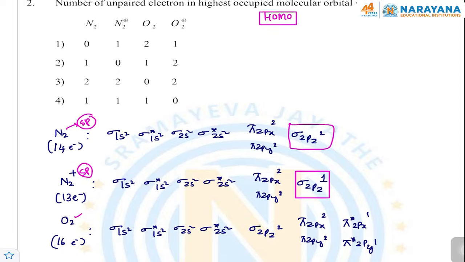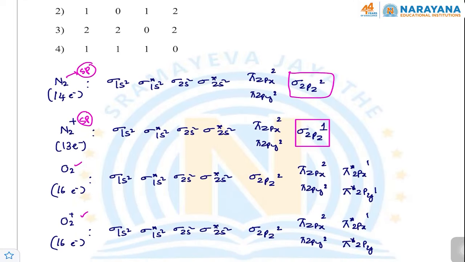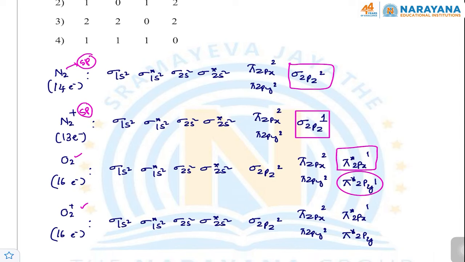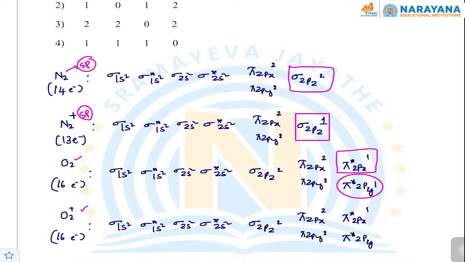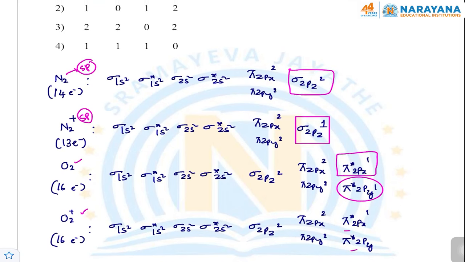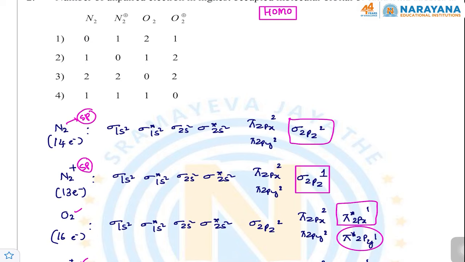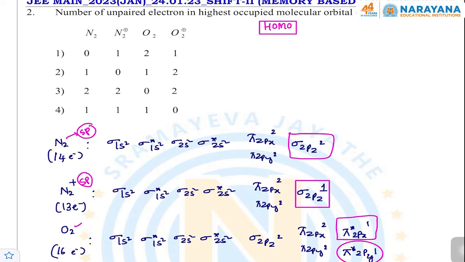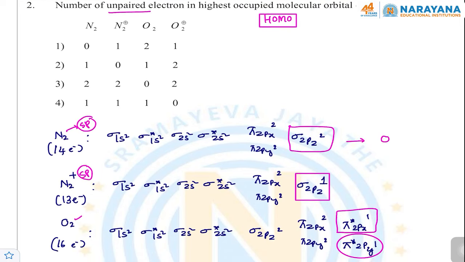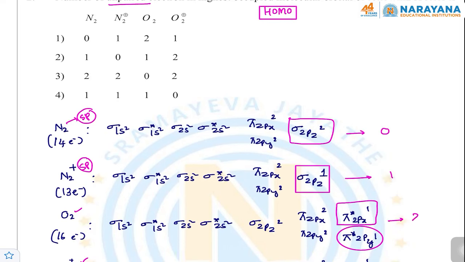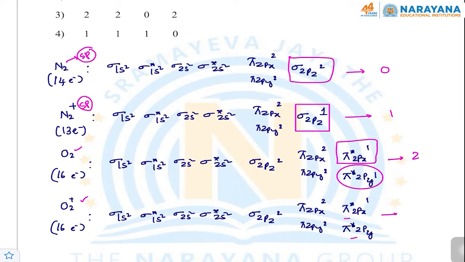and O2, it is pi star 2px1 and pi star 2py1, and O2 plus it will be pi star 2px1 and pi star 2py0. Here they have asked the number of unpaired electrons. So unpaired electrons in N2 is 0, N2 plus it is 1, and O2 it is 2, and O2 plus it is 1.